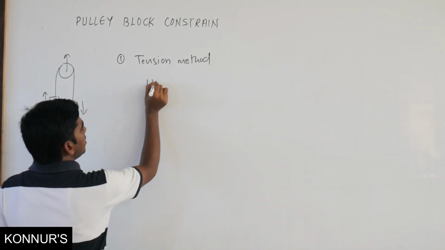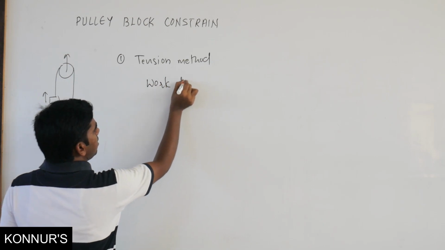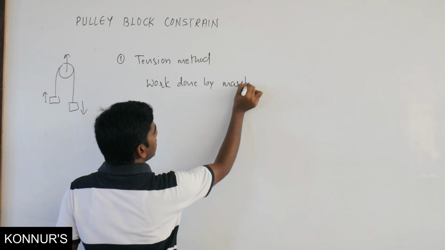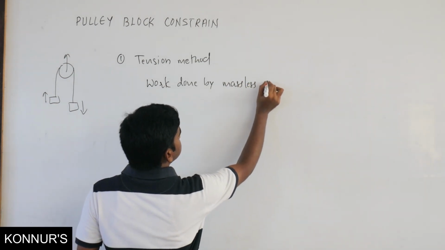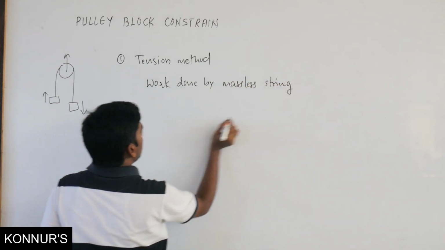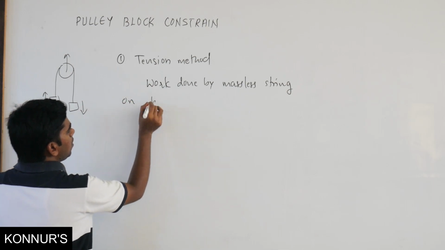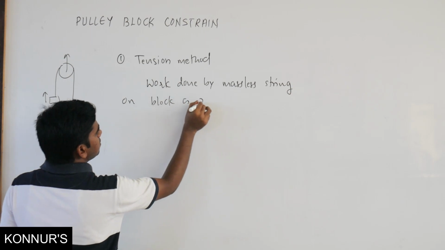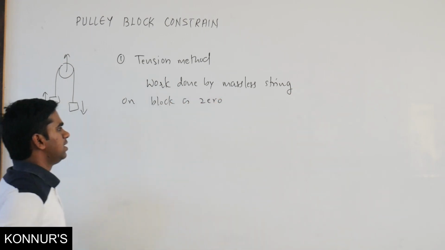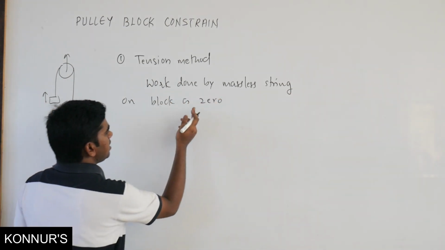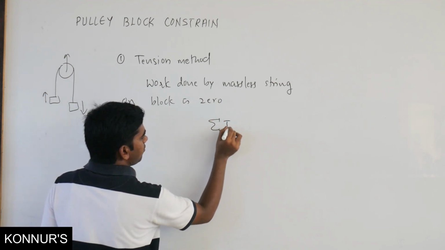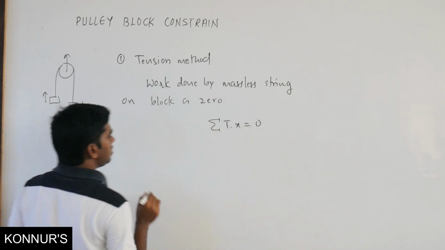What is that statement? Work done by a massless string on a block or on the mass is 0. Suppose, what is its meaning? Work done is summation of T into x equals 0.